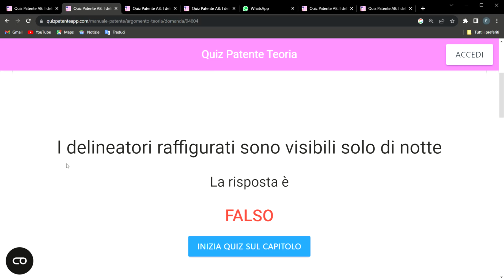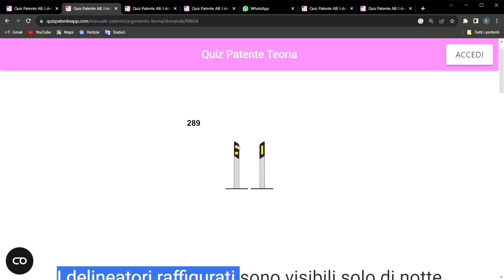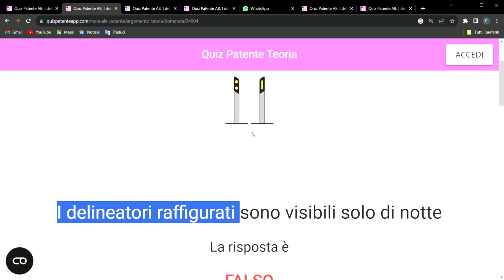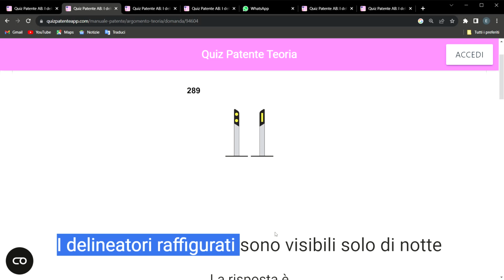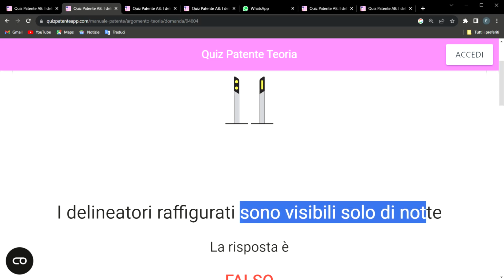It says i delineatori raffigurati, which is talking about this reflexive equipment. It says sono visibili solo di notte, it is only visible during the night.